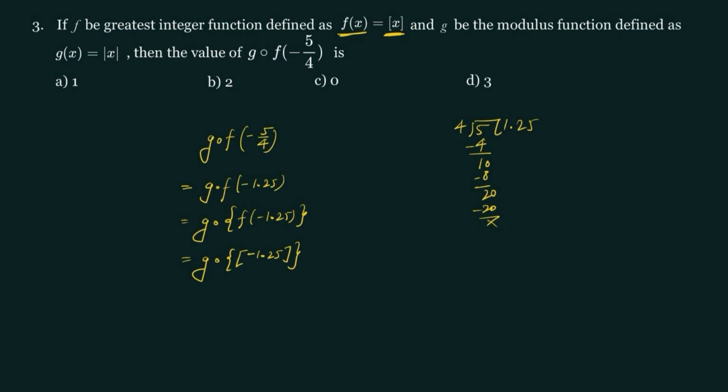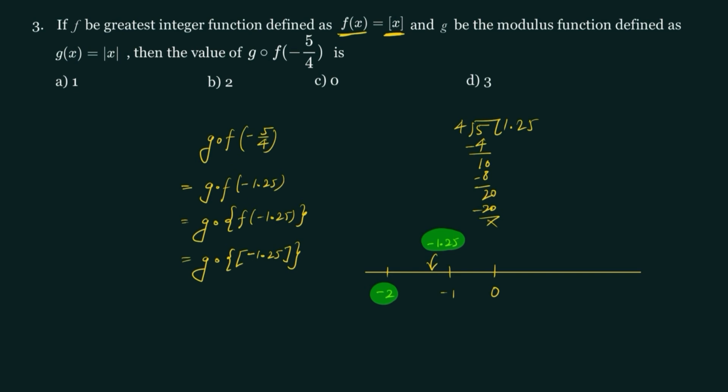So the greatest integer function of this number would be, for that let me draw a number line. On the number line, minus 1.25 will be somewhere over here. Now here you see that the integers which are less than minus 1.25 are minus 2, minus 3, minus 4, up to minus infinity.